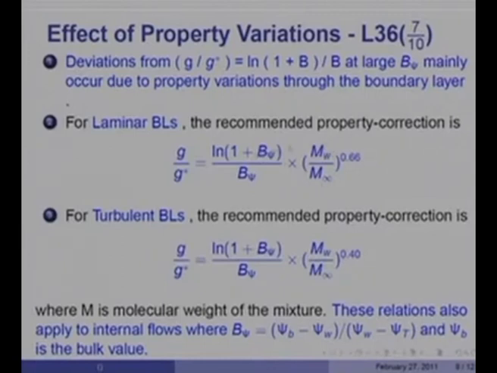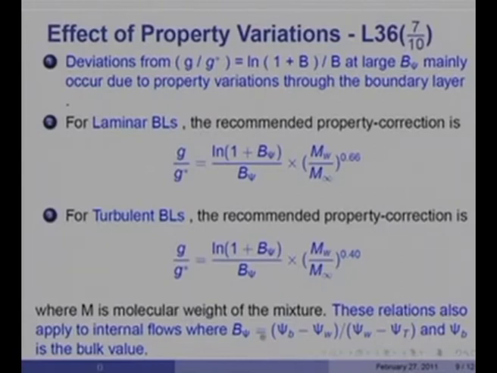So, there is no need now again to solve the differential equations. We can simply take this as a correction for laminar boundary layers. Likewise, in the turbulent boundary layer, the recommended property correction is the same thing, M w over M infinity raised to 0.4.